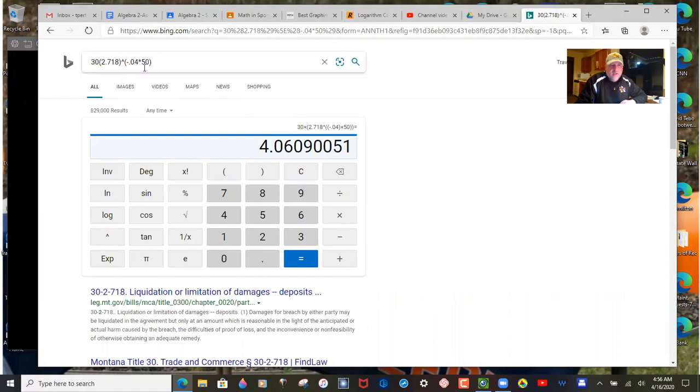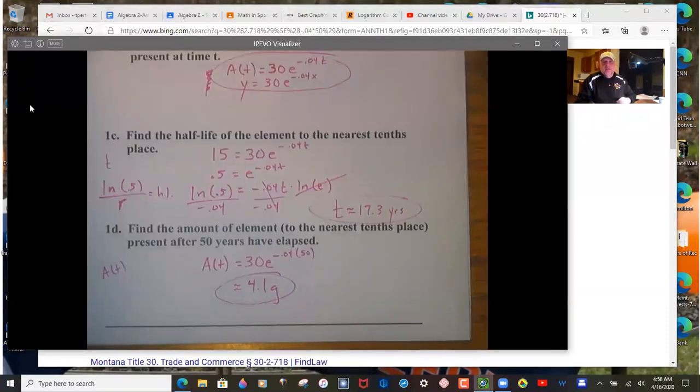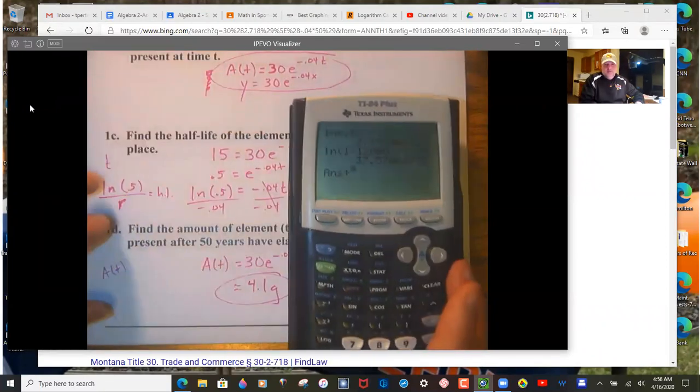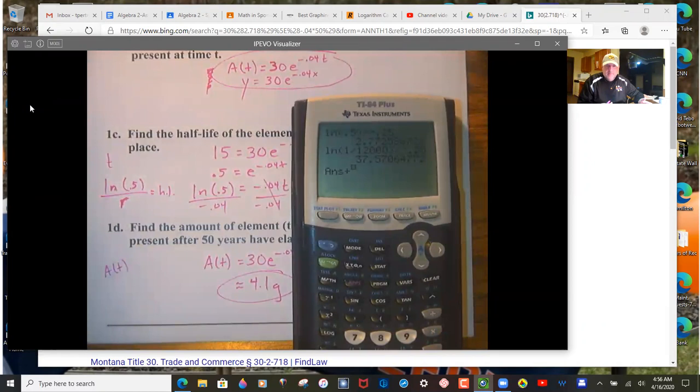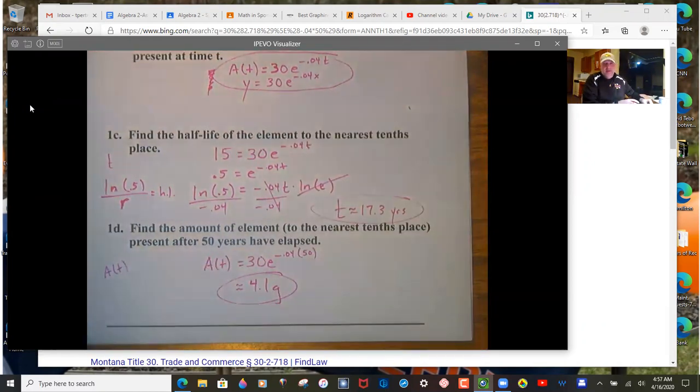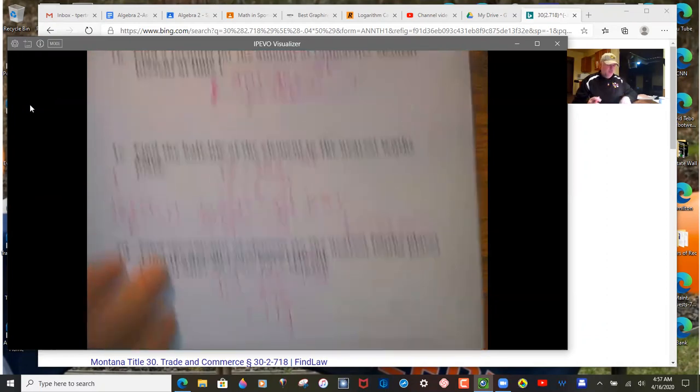For e, I use 2.718 raised to the power of negative 0.04, the asterisk key, times 50. And that delivers 4.1. There's also the work you can do on your calculator. Okay, so keep that in mind. But I'm trying to show people that don't have a calculator how it's possible to do this work with an internet search.